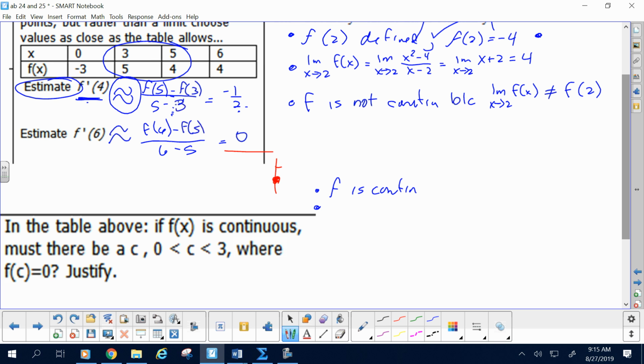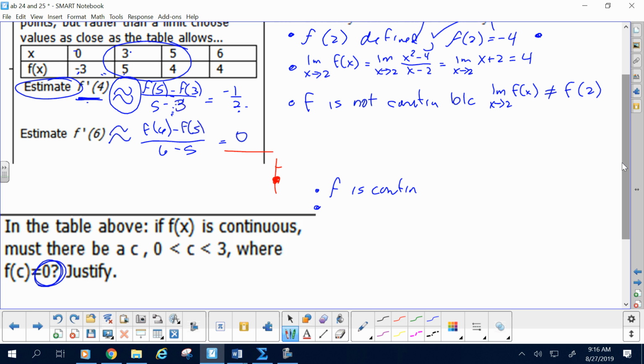As far as the betweenness, is there a y value of 0 somewhere guaranteed in here? Which, in what region of x's is 0 going to be guaranteed to happen? In here between 0 and 3, f is going from negative 3 to positive 5, so y must be 0 in there. You with me?